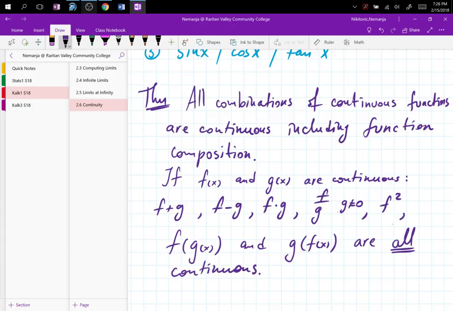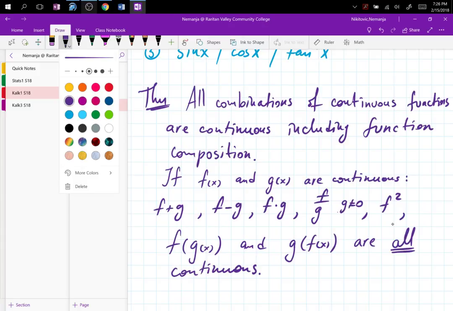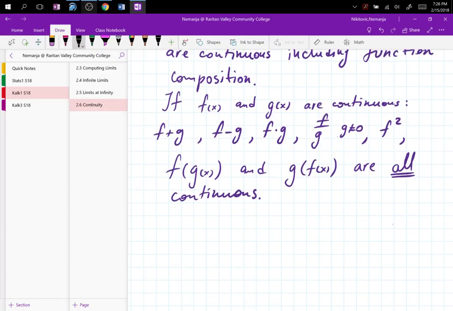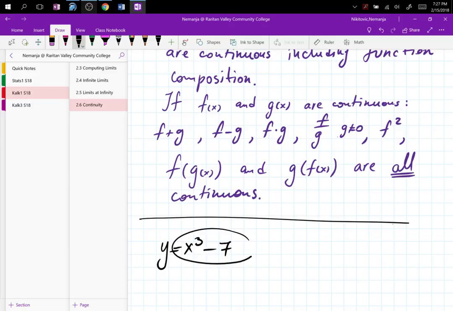So now, is x cubed minus 7 continuous globally? Yes. Why? X cubed. It's not exponential, it's the other one. What type of function is this?